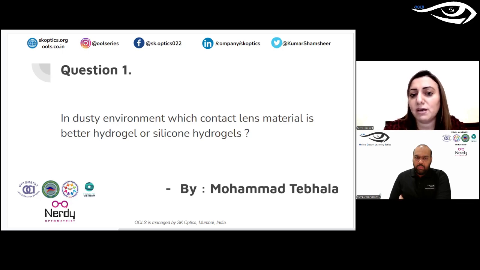Whatever the material, it will deposit either environmental contaminants or components from the tear film. So a material which has good oxygen permeability and provides a stable tear film would be a good option to wear. But you can't prevent these contaminants from going onto the contact lens.